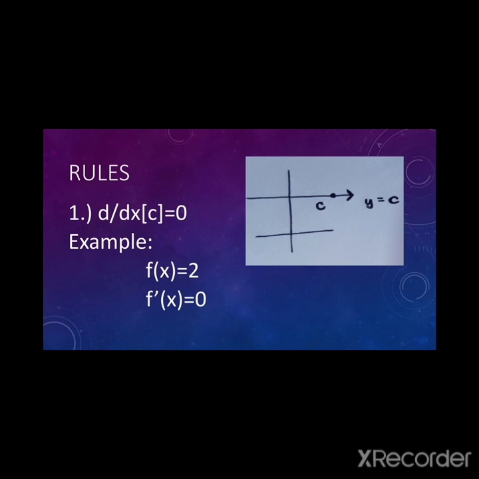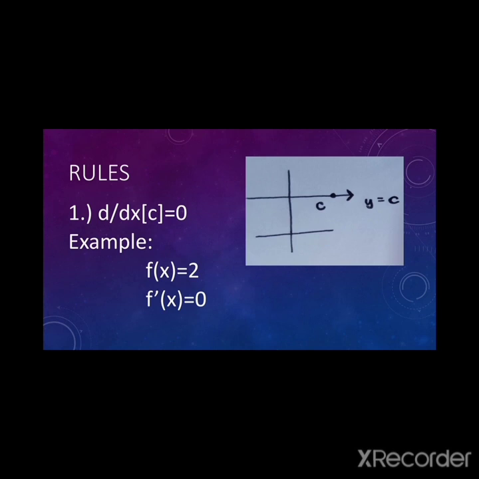If you pick any point on this line and you draw a tangent line, you get the same line, so the derivative is the slope of this line. Well, horizontal lines have a slope of 0, therefore this derivative is 0. So the derivative of a constant is 0.